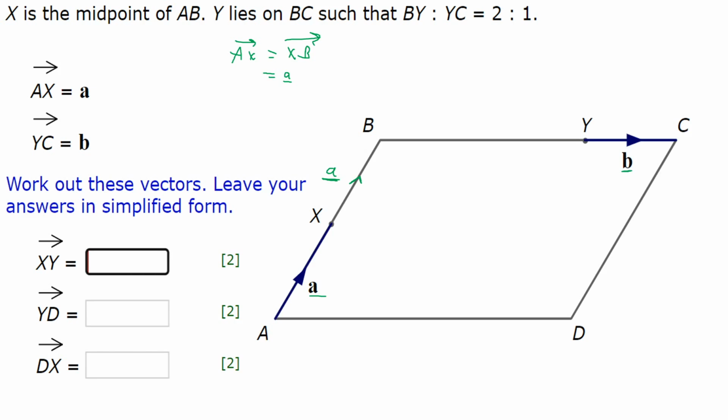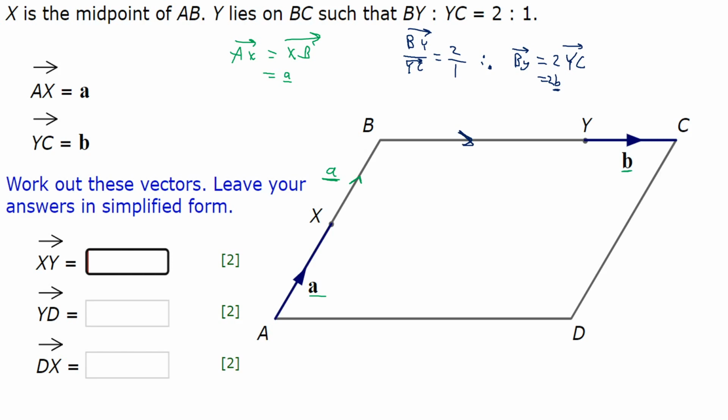Now, this is where it gets a bit challenging, but still the same thing. We know that BY over YC is equal to 2 over 1. And so therefore, don't ever forget the arrows, we can say that BY is equal to 2 times YC, which is just equal to 2b.